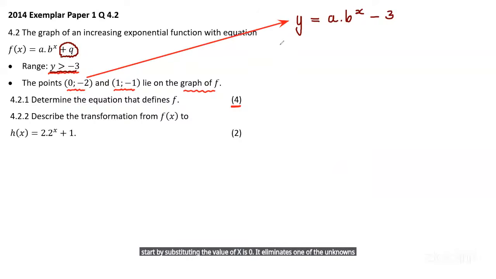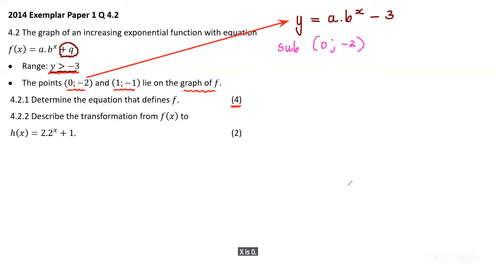So in other words, I'm going to sub x as 0, y as -2. So here we go. a times b to the power 0, where x is 0 and y is -2, then minus 3 from here.